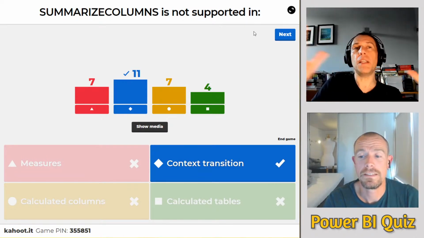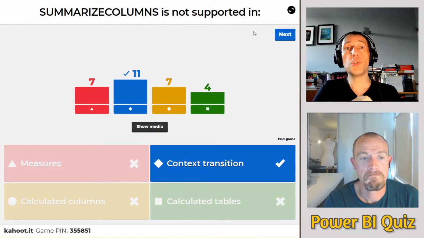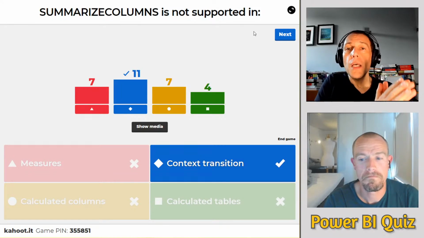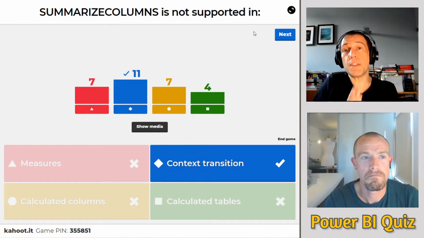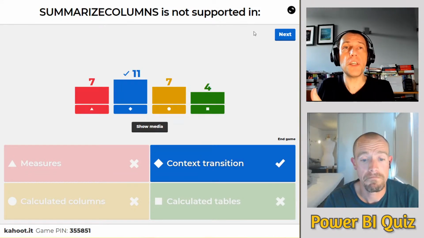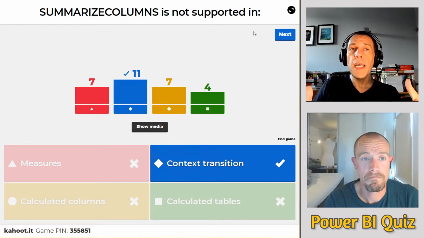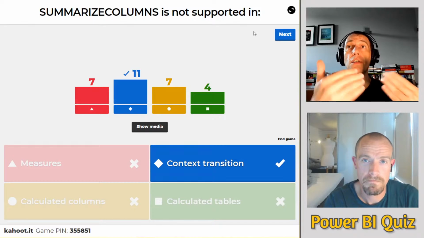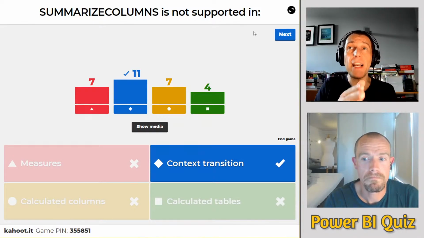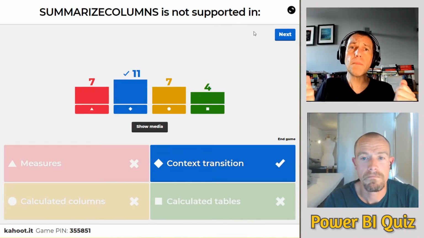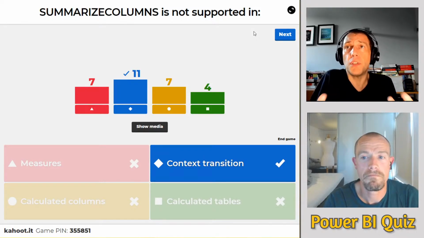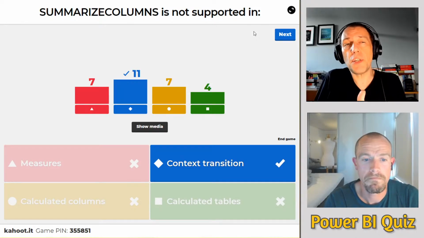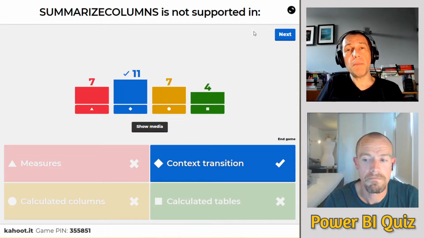Most of the people, I mean, the biggest number of answers are for the right choice, which is context transition. Now, when you have a measure, 90% of the times, 95% of the times, you have a context transition, because you put a measure in a report, and whenever the measure is in a matrix or in a chart, there is a context transition executed for every cell or every point of the chart. But the measure by itself is not the problem. It is the context transition that is not compatible with summarized columns.